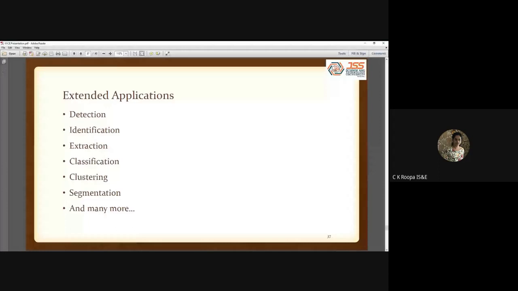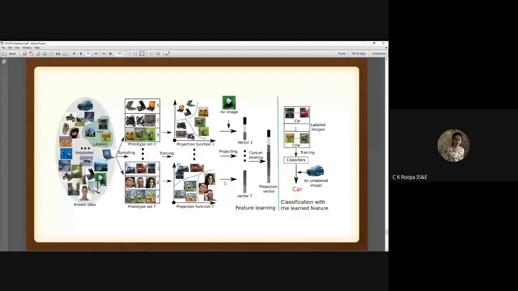So overall, just to summarize whatever I discussed, this is how the general real-time image processing techniques look. These are all the known data, and you are supposed to create two sets: the training samples and the testing samples.